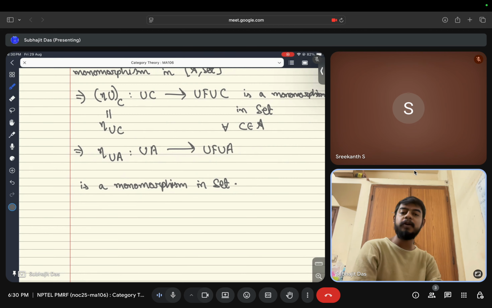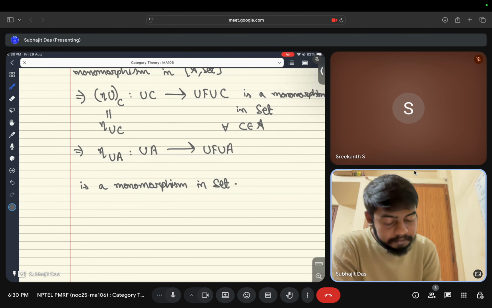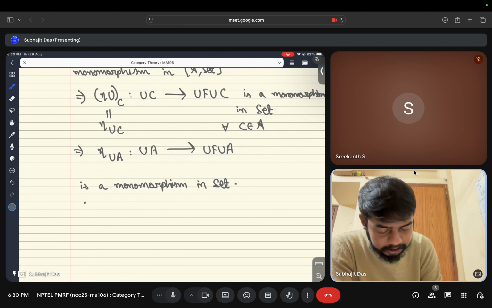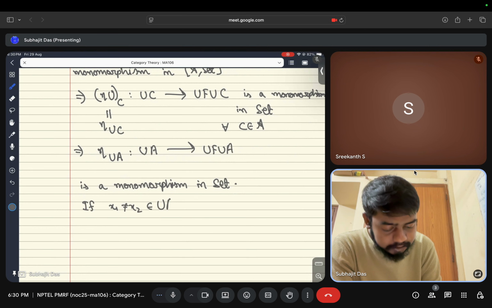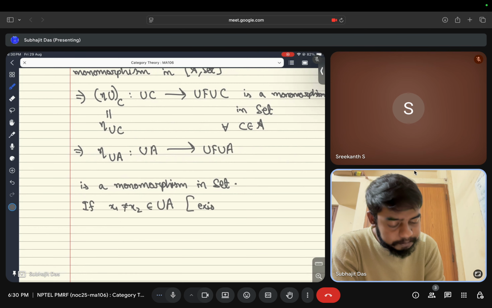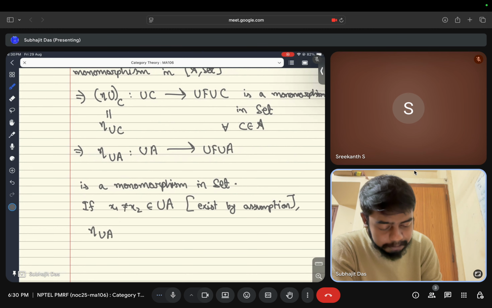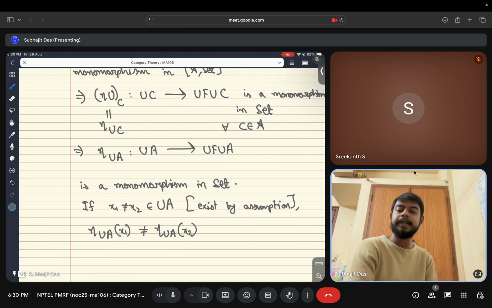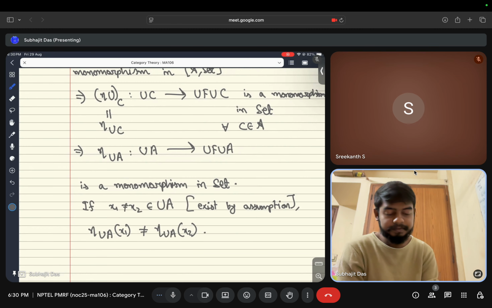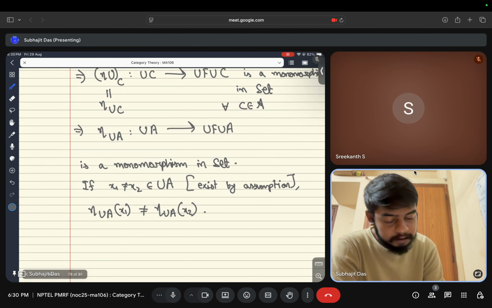And eta at UA is a monomorphism, which implies that if you take 2 elements, let's say x1 and x2, distinct elements in UA, which exist by assumption, what you have is eta at UA applied on x1 is not equal to eta at UA applied on x2, because eta at UA is a monomorphism in set, that is an injective map, right? So an injection.